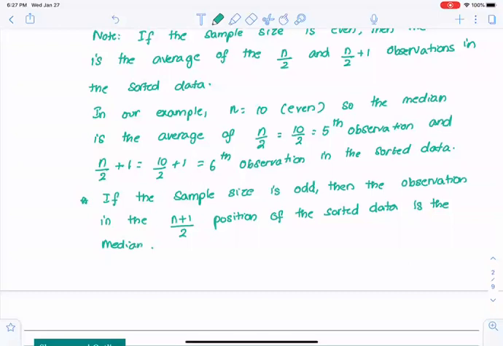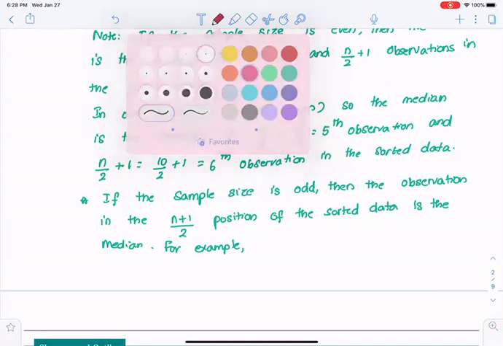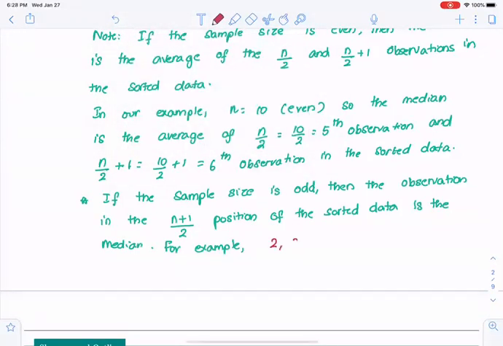If we have an odd sample size, then the observation in the n plus 1 over 2 position of the sorted data is the median. For example, let's take the case 2, 2.5, 3, 4, and 9.